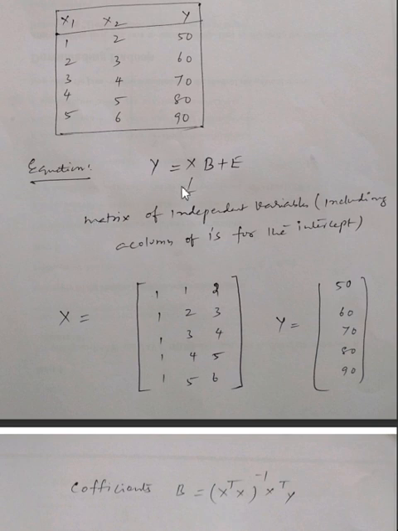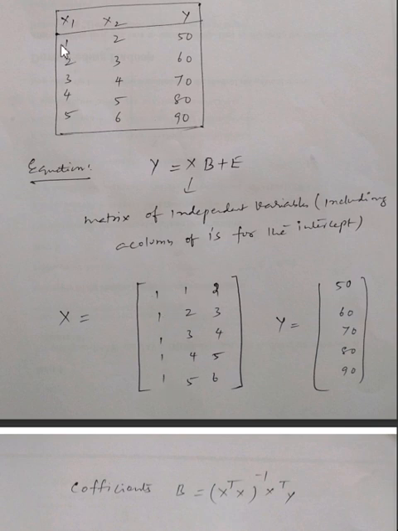X is a matrix of the independent variables, x1 and x2. First of all we need to convert these independent variables into a matrix, and additionally we add a column of ones in the X matrix. These ones indicate the bias.